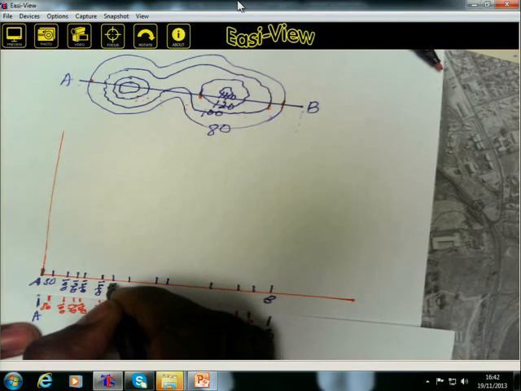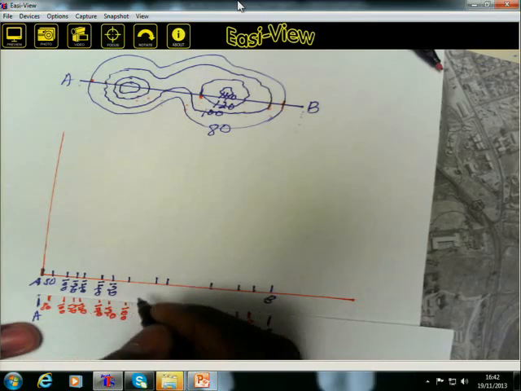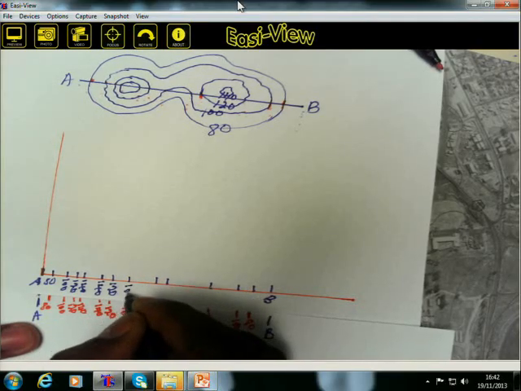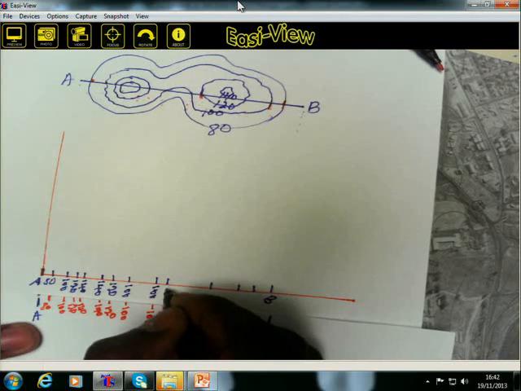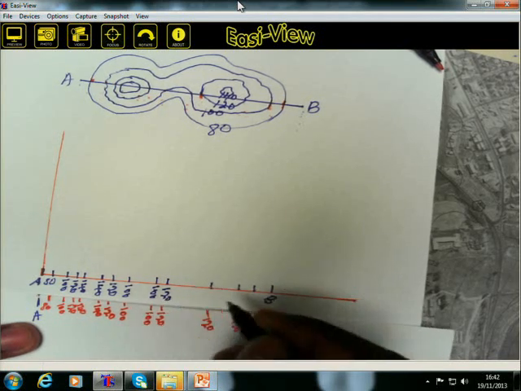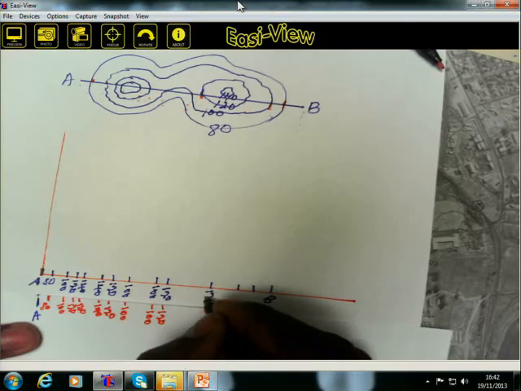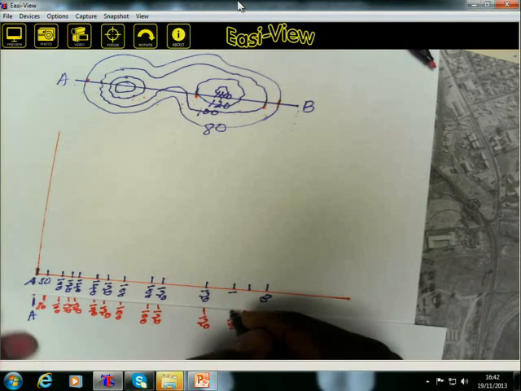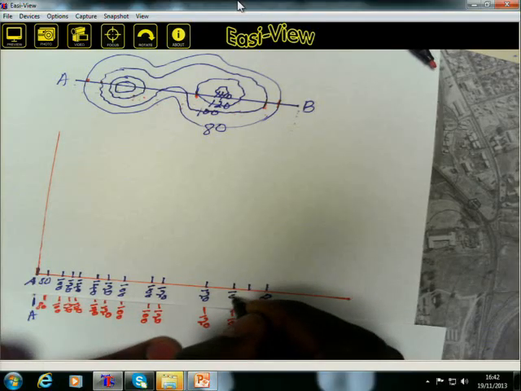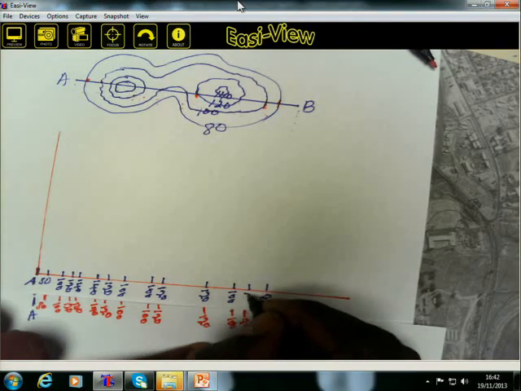And then you've got 120, then 100, then another 100, then 120, another 120, then 100, which is this one, you've got 100, then you've got 80.